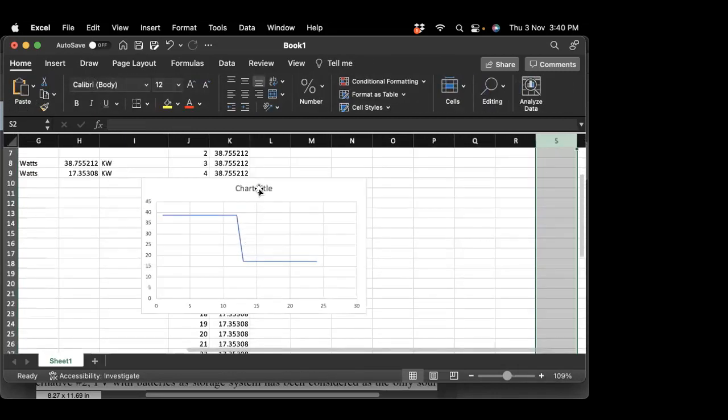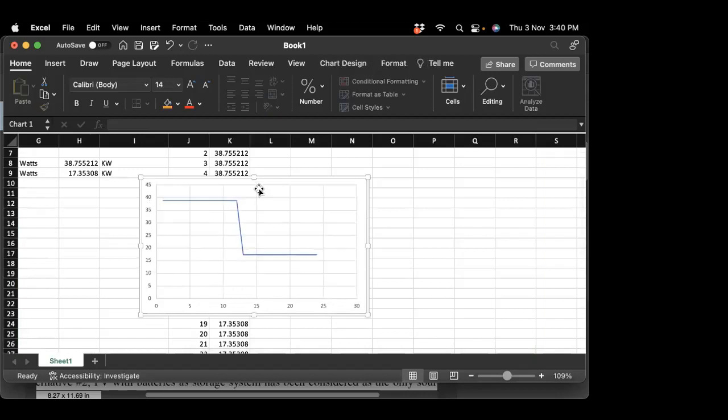Well, so we call this, my dear students, the annual load profile. This load profile presents the power consumption distribution among the 24 hours of the day.